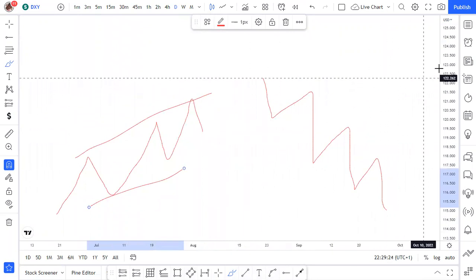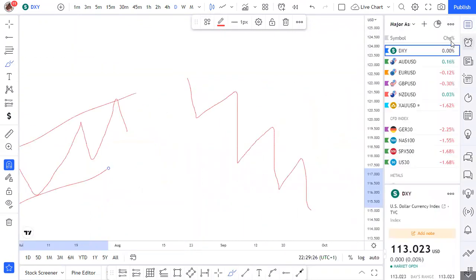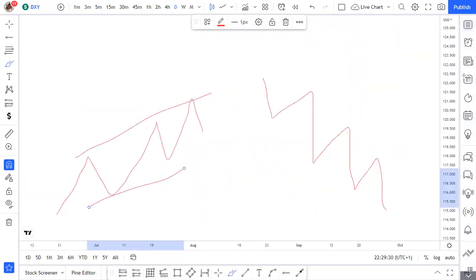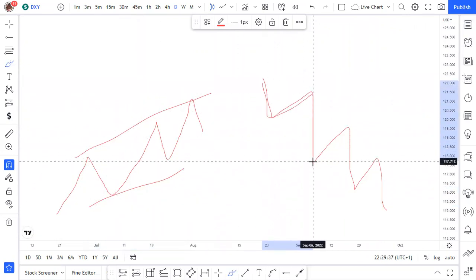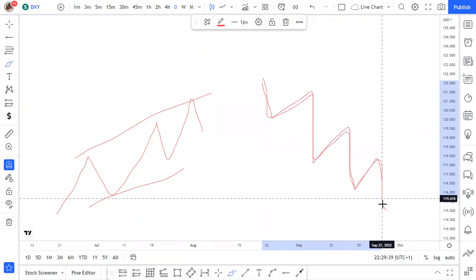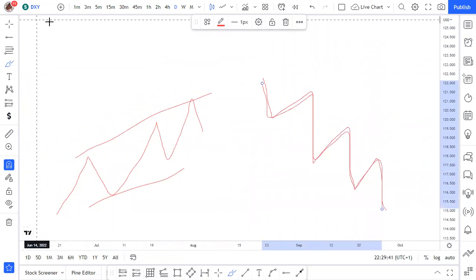But when we go over to something like Euro USD or AUD USD, we can see that the structure will be bearish, because we are comparing euro to the dollar.